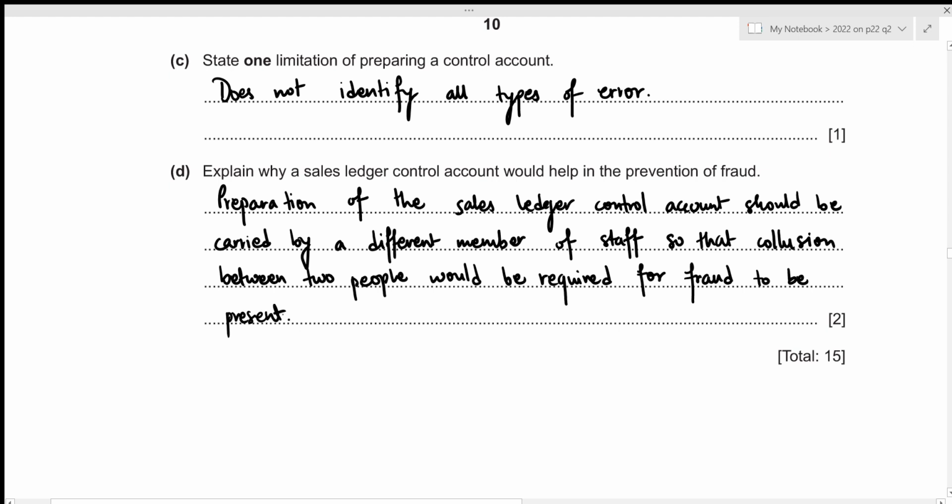Alright, this concludes the fourth part as well as this entire question number 2 of 2022 October-November paper 2-2.